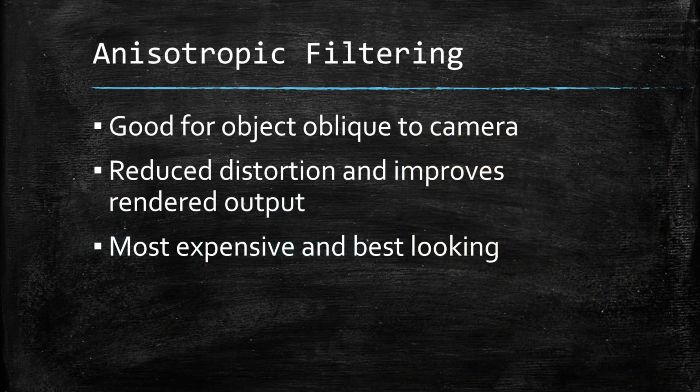And then the third one is anisotropic filtering, and it's good for objects which are oblique to the camera. You mean not necessarily facing the camera, but almost perpendicular to the camera. And this reduces distortion and improves the overall rendering output quality. This is the most expensive, but it is the best looking.